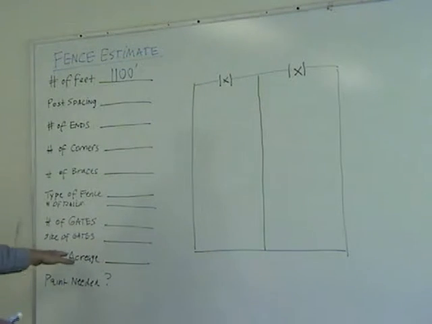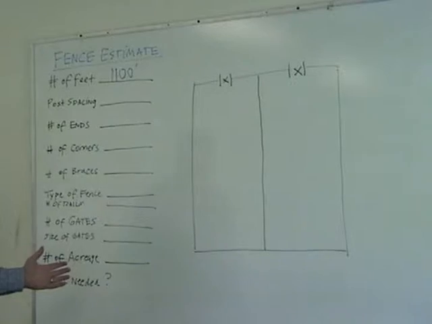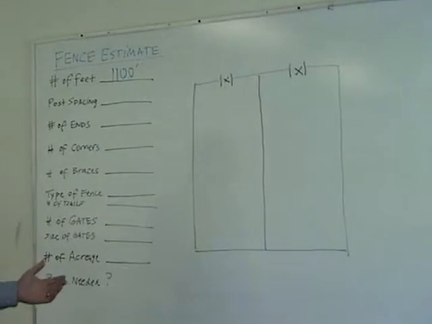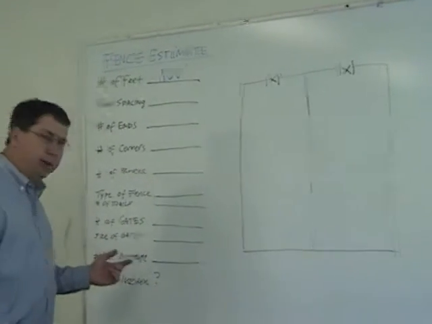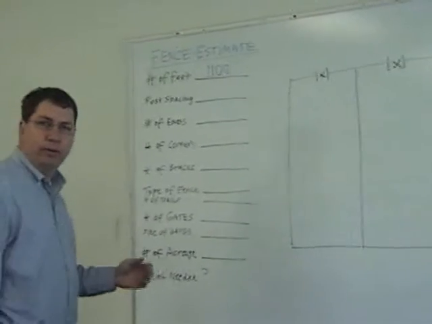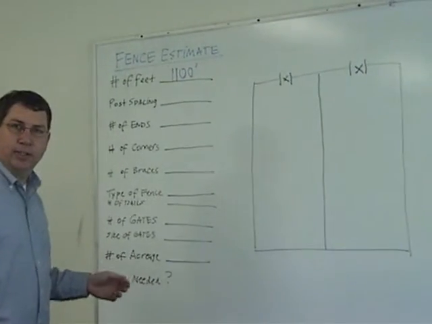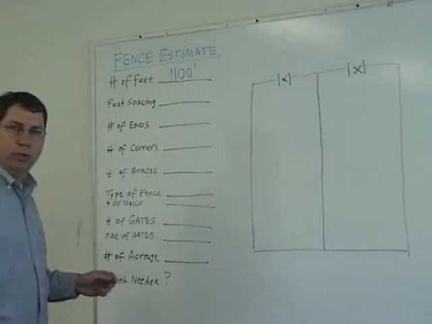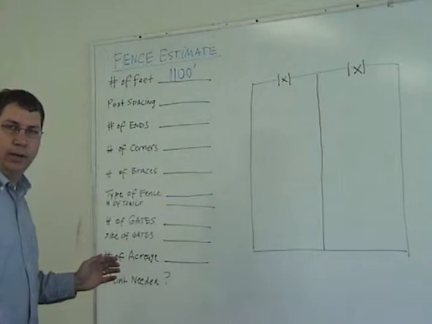And also we do get people that call in that say they want to figure in acreage. So the way to figure acreage is the number of acres times 43,560 times square root, which will give you one side of a square acre.